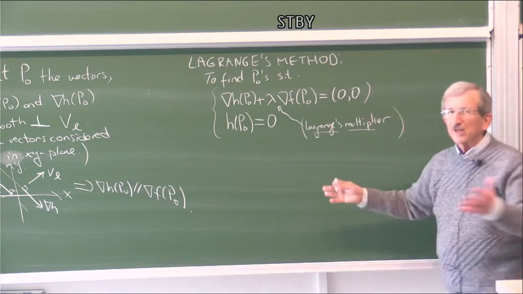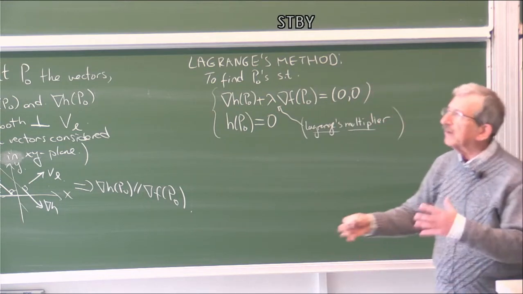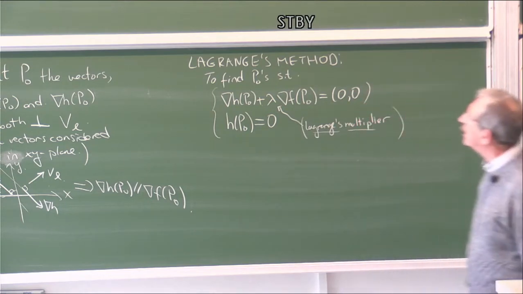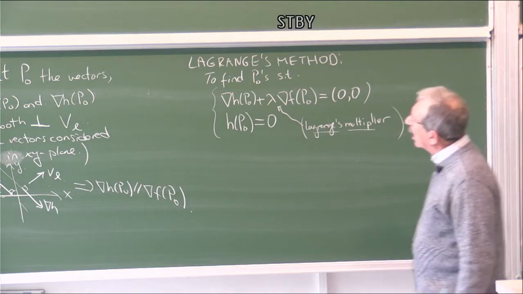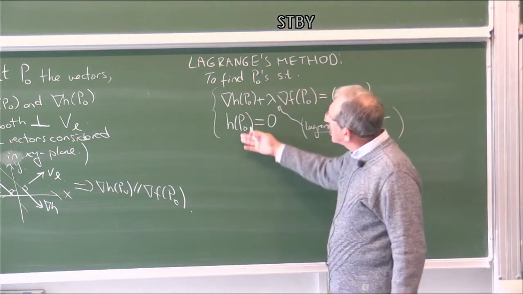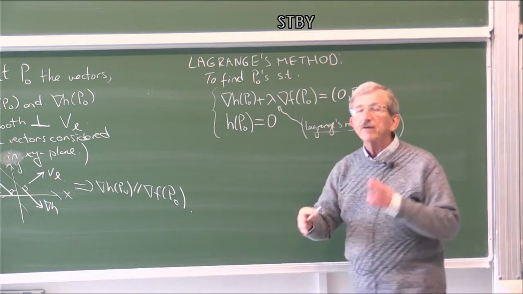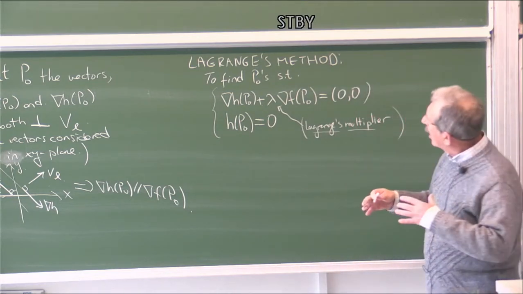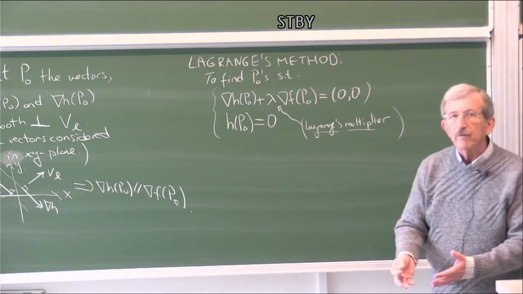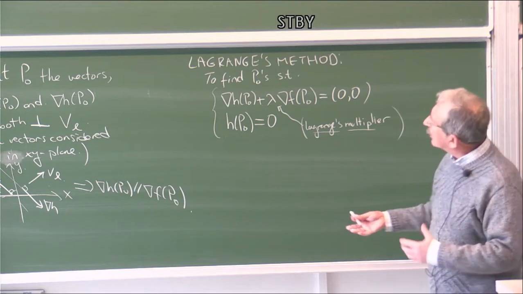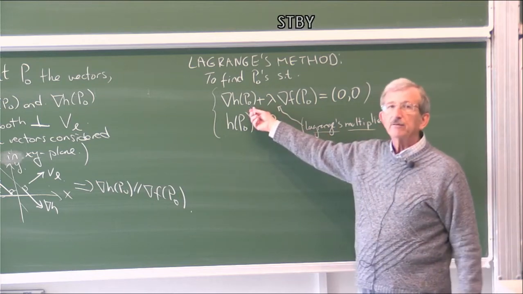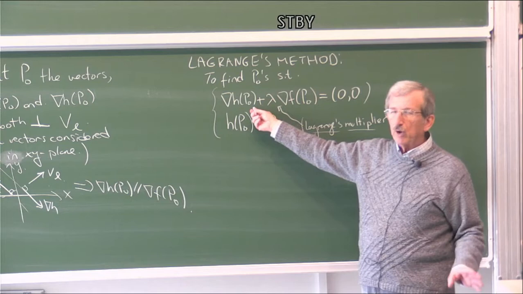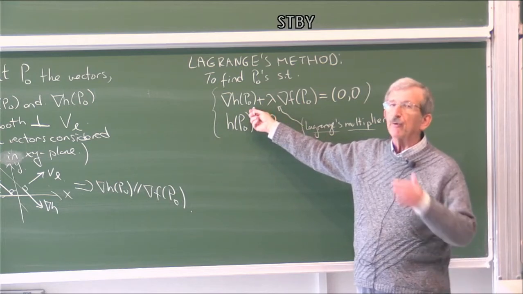We will not use that name too often. It's just given to honor Lagrange. Now, we want to find p-zeros which satisfy this set of equations. How many unknowns do we have? First of all, p0 is a point in the plane, so it has two unknowns, x0 and y0.